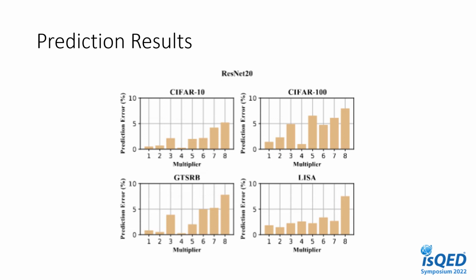This figure shows the observed prediction error when using the employed collaborative filtering techniques for the ResNet 20 network for all four datasets. The multiplier IDs are sorted based on their MRE. It is evident that the prediction error is higher for the higher MRE multipliers and remains below 5% for the first 5 multipliers across all four datasets.